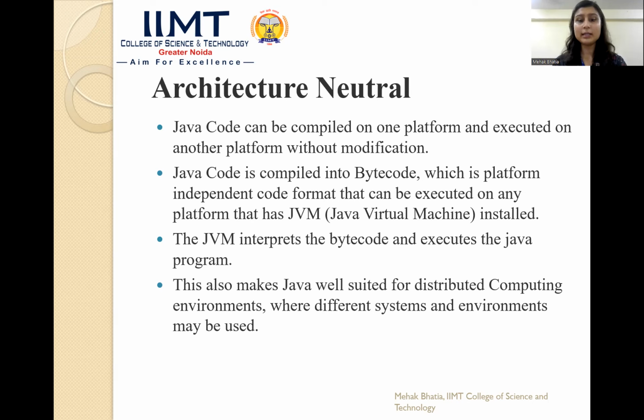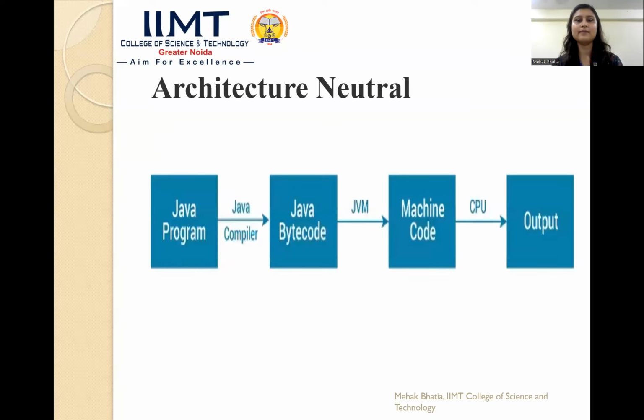The JVM interprets the bytecode and executes the Java program. This also makes Java well suited for distributed computing environments where different systems and environments may be used. So now this architectural neutral feature is also related with the distributed feature of Java.